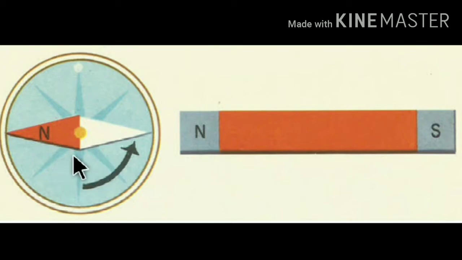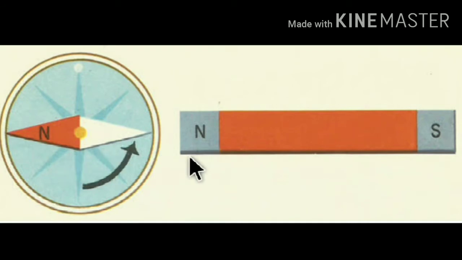Hence, when the bar magnet is taken near to this magnetic needle, it changes its direction. Here is the north pole of this bar magnet, and here is the south pole. The needle also has a north pole and a south pole.